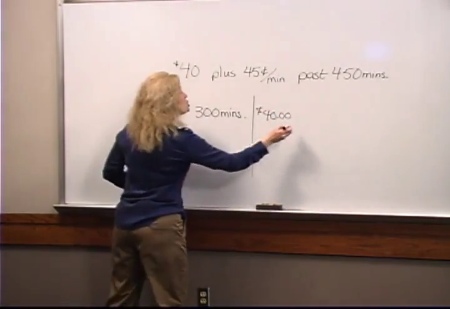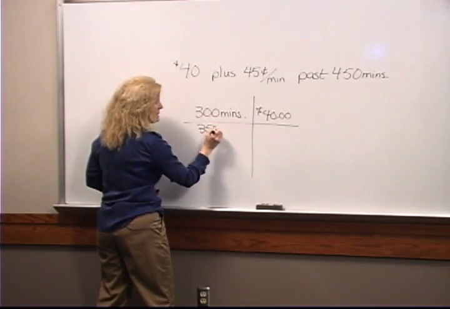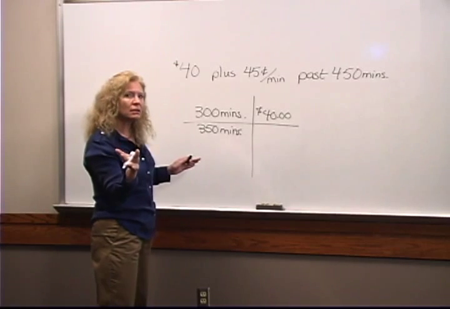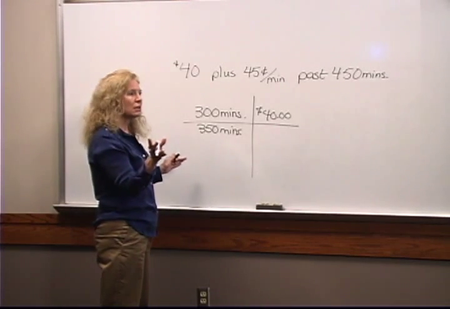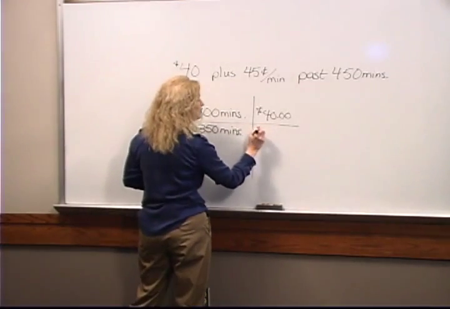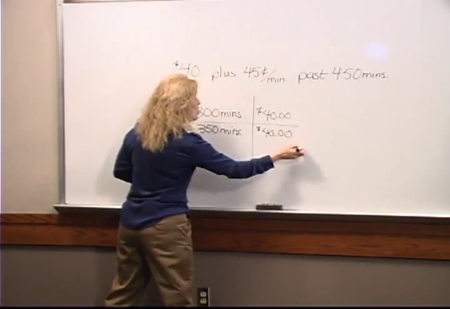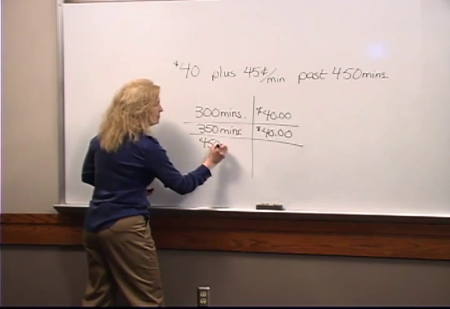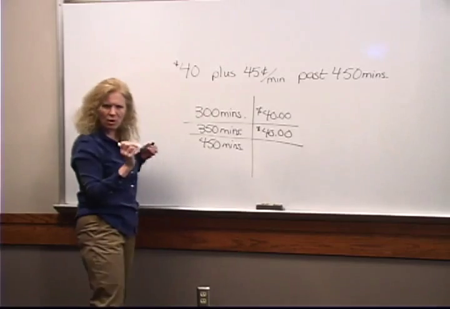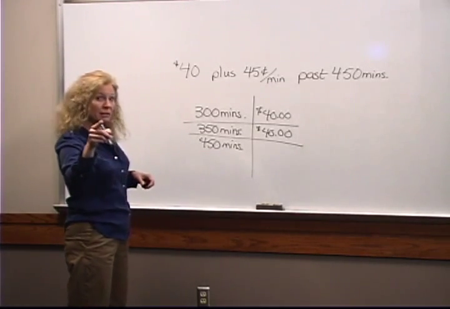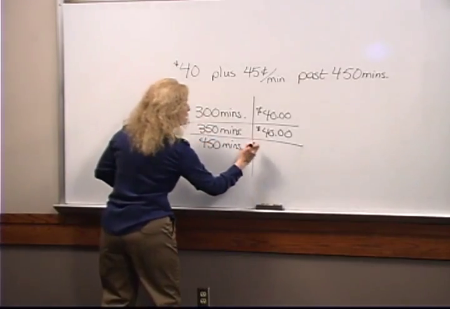Well, what if you had 350 minutes? 350 minutes anytime, you're paying how much? 40 bucks, right? Yeah, I know. I'm not too bright, but we're getting there. Well, what if we've got 450 minutes? At 450 minutes, they're going to let us do 450, right? So we're paying 40 bucks.